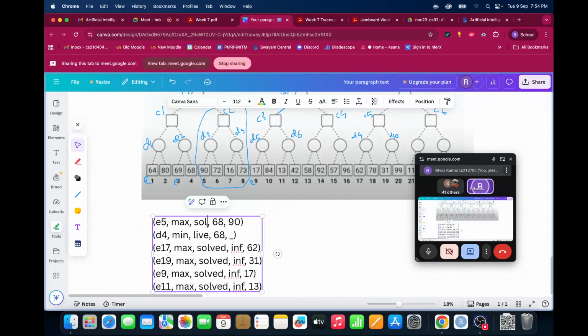It will be labeled solved, and because the bound is 68, the value that it will return will also be 68. So this is what it will look like. Suppose if you got 67, then the bound value changes, right? Yes, then the bound will change.